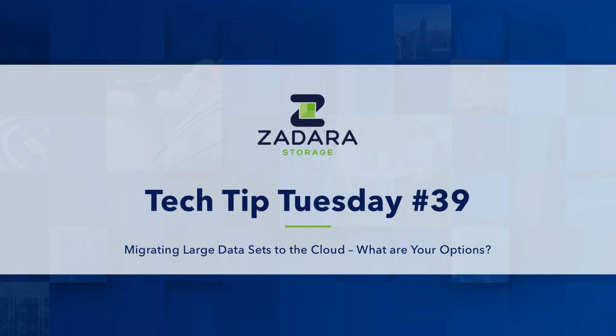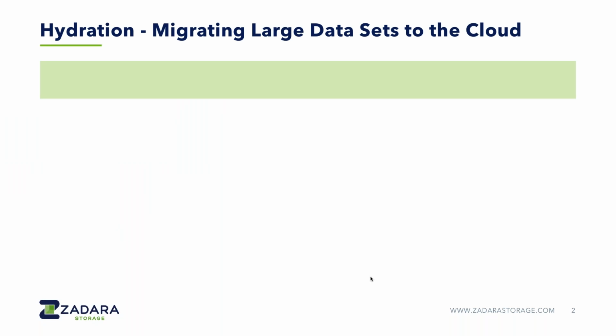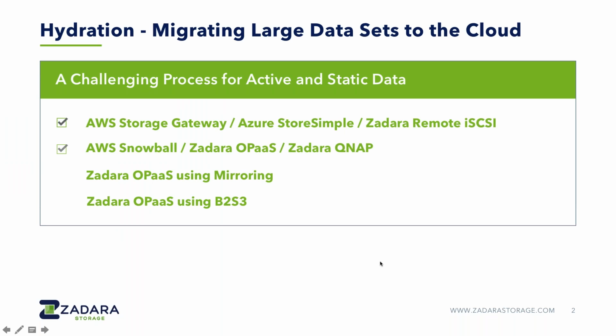Today what we're going to talk about is how do you migrate large data sets to the cloud, and there are a lot of options that are available for you today. Basically what we call migrating data, or hydrating the cloud itself, is a process of moving your data, either active or static, into AWS, Azure, or Google.